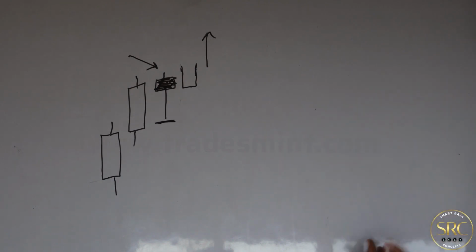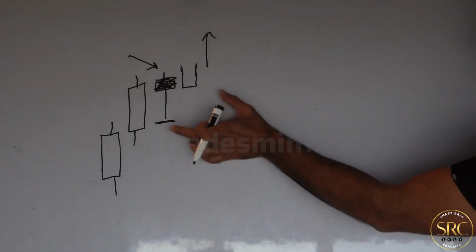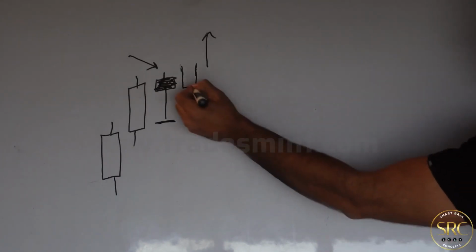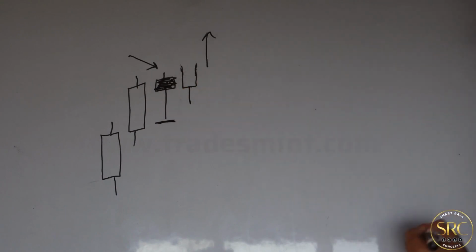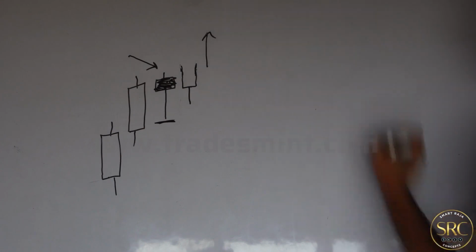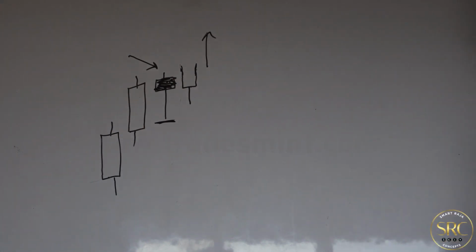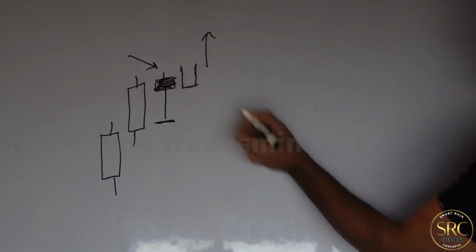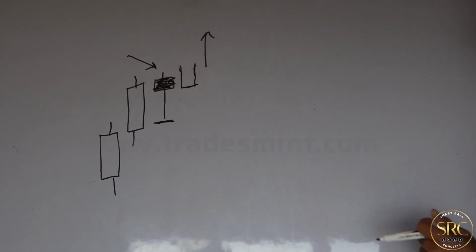So when I look at a pattern like this, or when the candles are closing in this way, when you have a bearish candle, I look at the wick at the bottom as having, let's say, a 90% chance that price is going to continue to push up. But if I see that a candle has no wick at the bottom and starts to break this high right here, I see that as maybe a 70% chance that price is going to continue to push up.